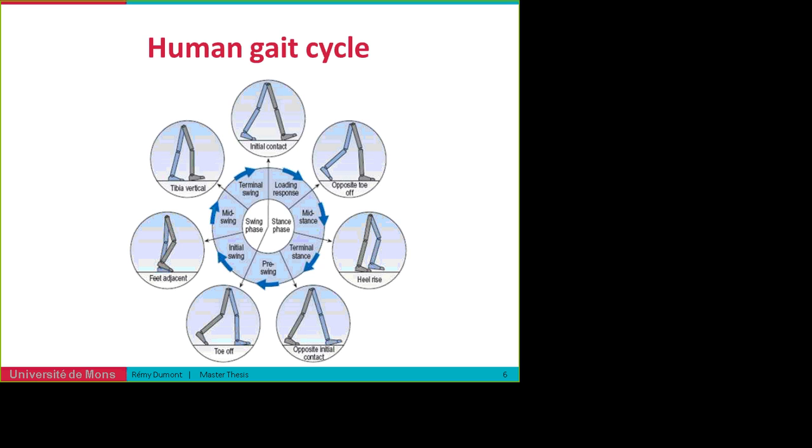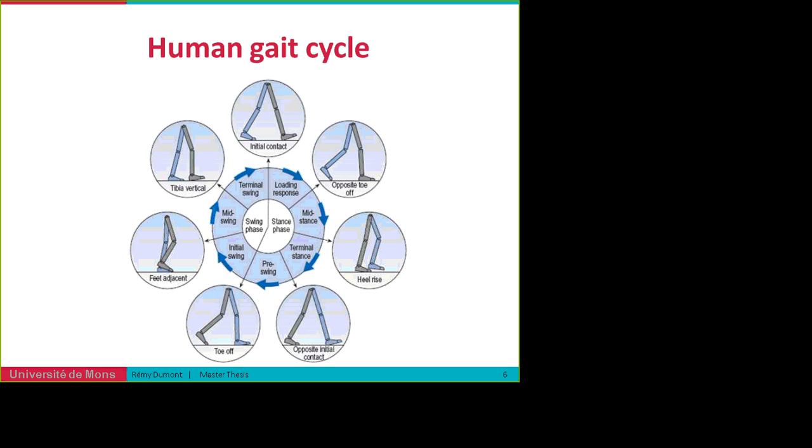The 8 subphases are defined by their starting and stopping points, and the most important point for this study is the initial contact point of both legs. So the first one is the start of the loading response, and the second one, which is the initial contact of the opposite leg, is the end of the terminal stance of the reference leg.